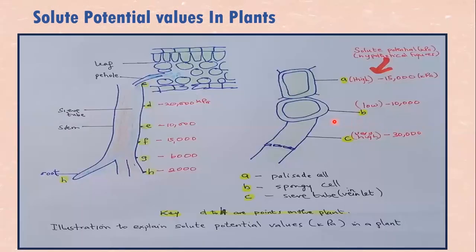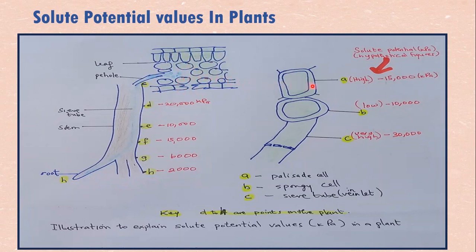Now, here we have our diagram again, and now we have put down points on the plant and labeled this point as D here, the stem, E, point F, point G, point H, which we say is in the root, that's the sink. You know the leaf area is the source.